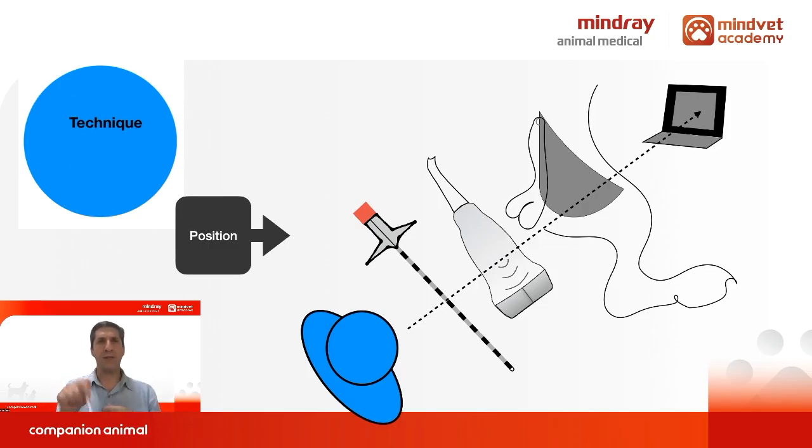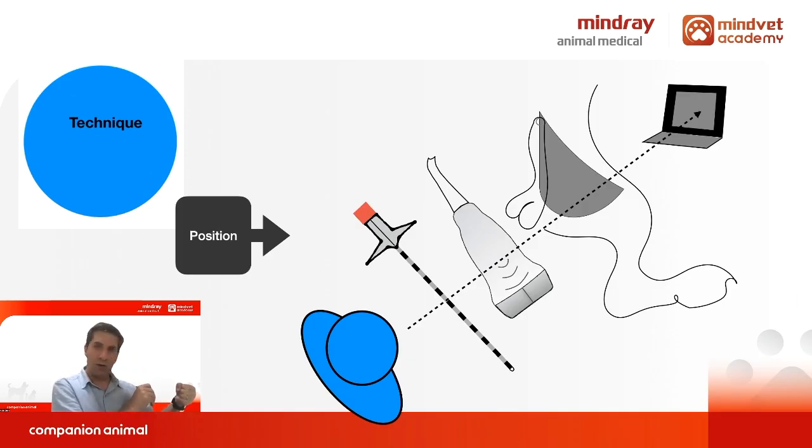So this is important. Take all the time you need to organize your setting before performing the block. And try to work in a comfortable position, avoiding contortionism. For instance, if I want to make the block and I have my dog here, I need to see my needle, see my probe, and see the monitor.